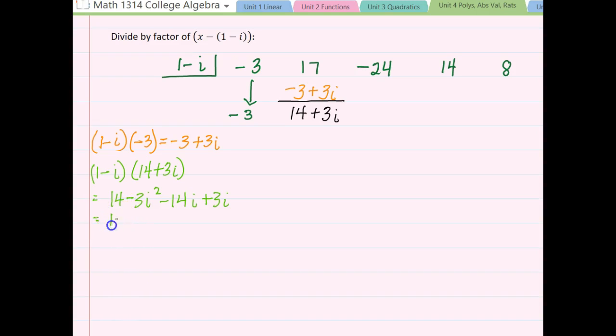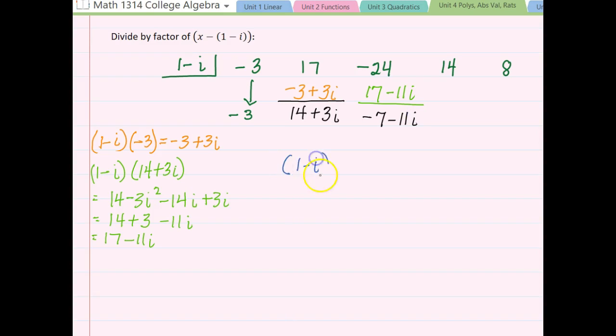From here, I'm going to change that i squared, so I have 14 plus 3 minus 11i. Combining my real terms, I have 17 minus 11i, and I'm going to add that to our next number. So underneath the -24, I have 17 minus 11i, and when I add that, I get -7 minus 11i.